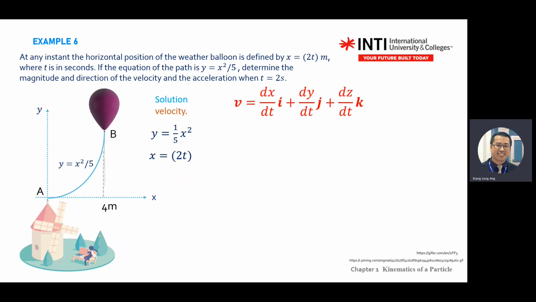So 4t squared, you differentiate, what do you get? You understand what I'm saying? Yeah. y equal to 1 over 5 x squared, 2t squared. Okay, so is it correct? You need to be careful on the information you have. Again, in all the examples that we give you, don't chase after the numbers.